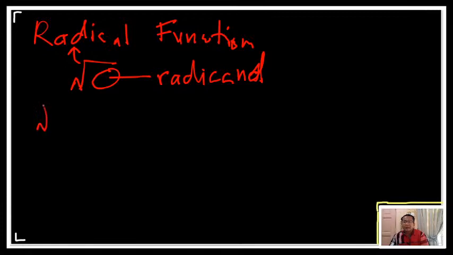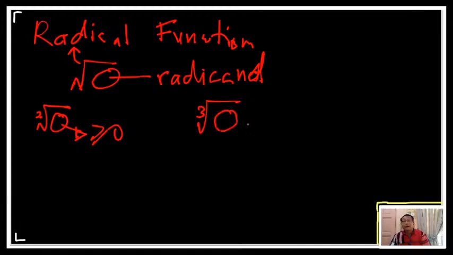For example, with 2, everything inside here must be greater than or equal to 0. If you have an odd index here, cube root, fifth root, seventh root, then the domain is all real numbers.